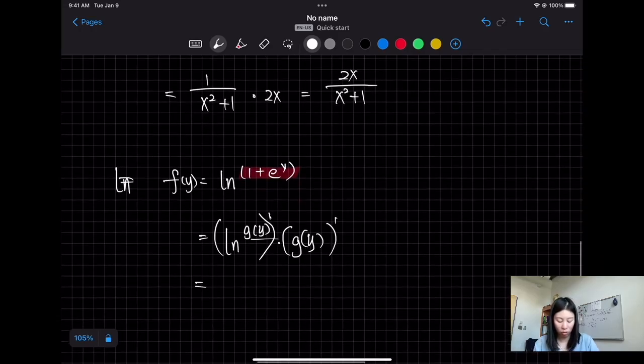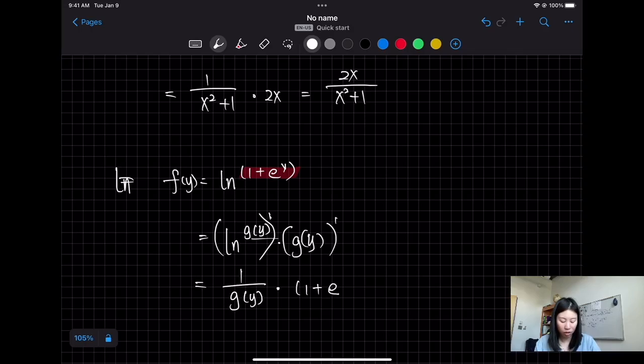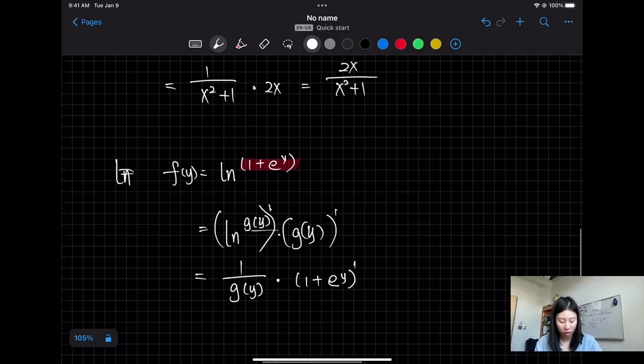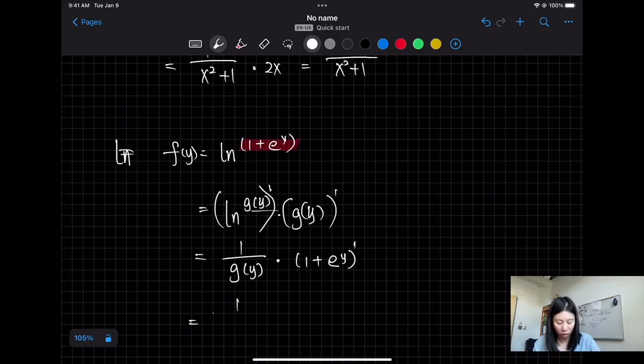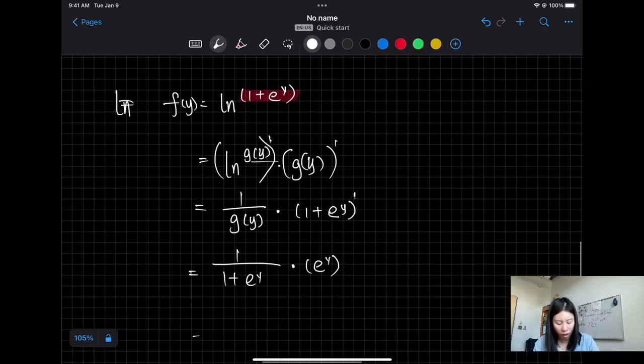So this should equal 1 over g of y times the derivative of g of y, which is the derivative of 1 plus e to the y. So I will get 1 over 1 plus e to the y times the derivative of 1, which is 0, plus the derivative of e to the y, which is e to the y.